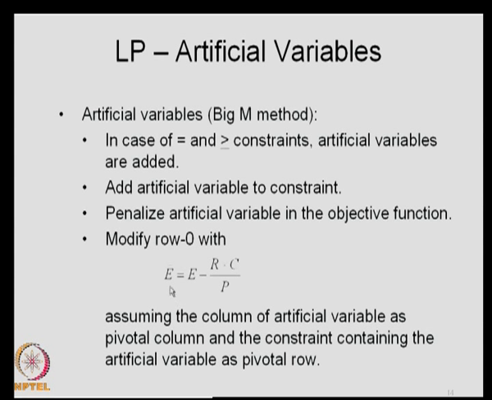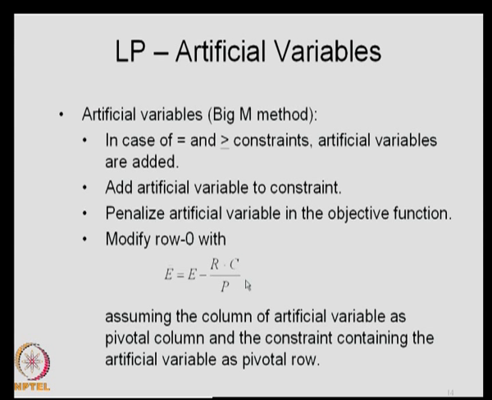So, a particular row has an artificial variable. Take that row along with the 0th row and then transform the 0th row by taking that particular row as the pivotal row itself. I will demonstrate that, and then transform all the elements in the 0th row using our transformation method. That is, the new element is equal to the old element minus r, which is the element in the pivotal row, times c, the element in the pivotal column, divided by the pivot itself.